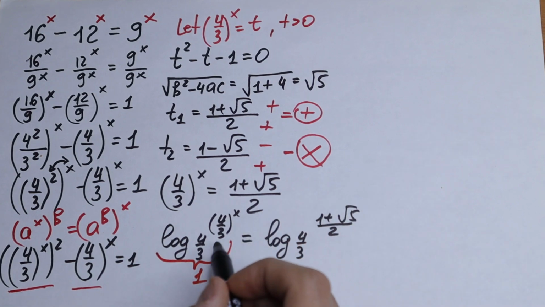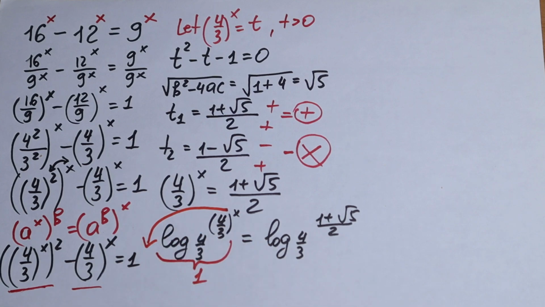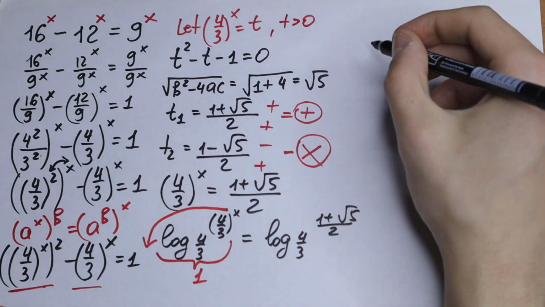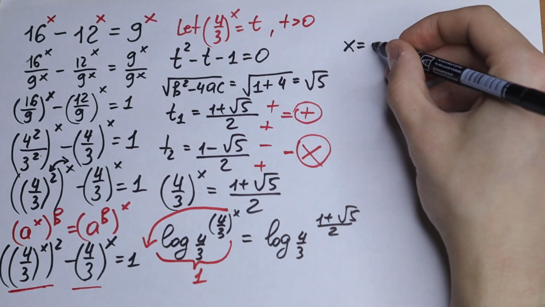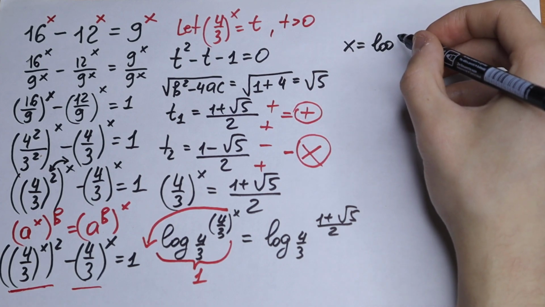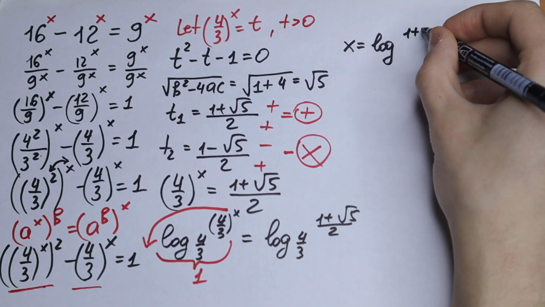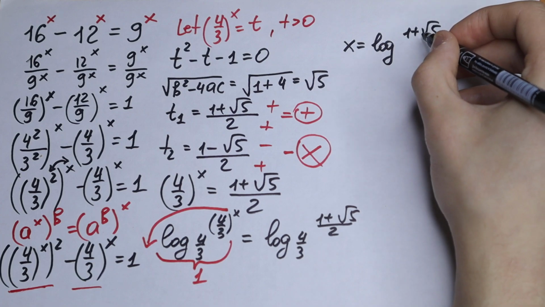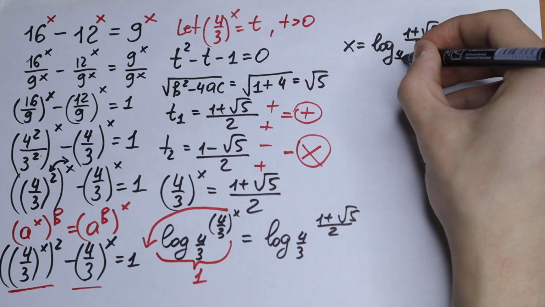And this x from here jumps to the beginning, so we will have only our x on the left. And right here it will be our answer, so we will have x equal to log of 1 plus square root of 5 over 2 base of 4 over 3.